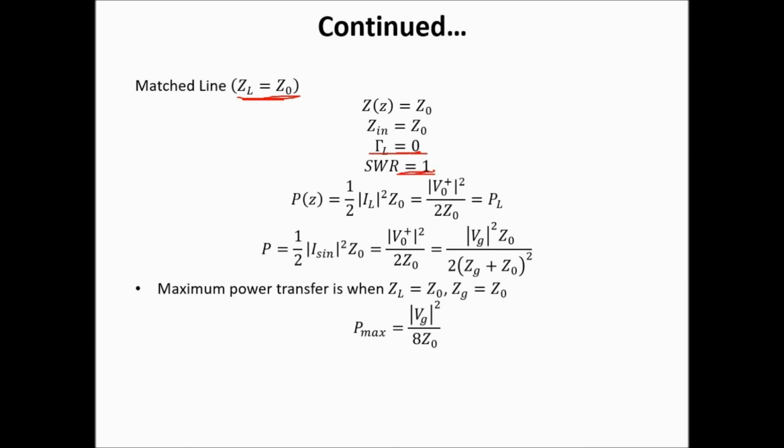Because reflection is 0, it means the total power will be transmitted, so no power will be reflected back.